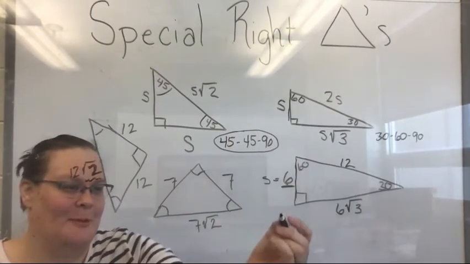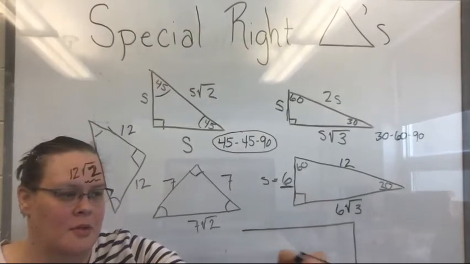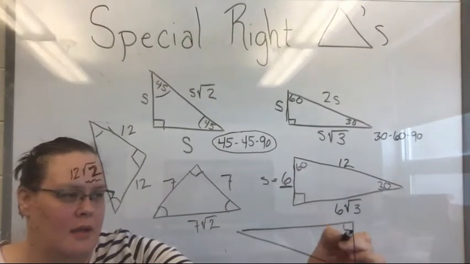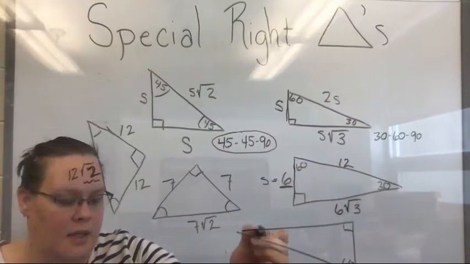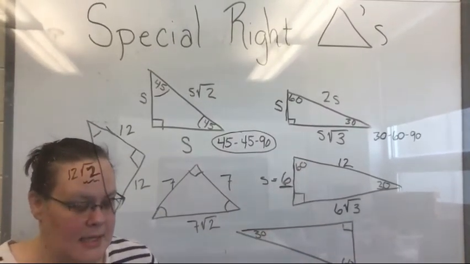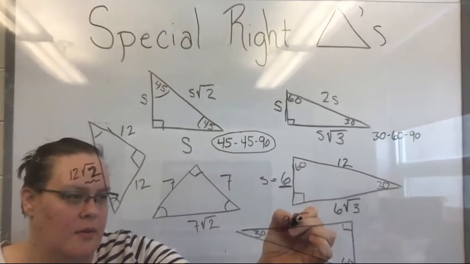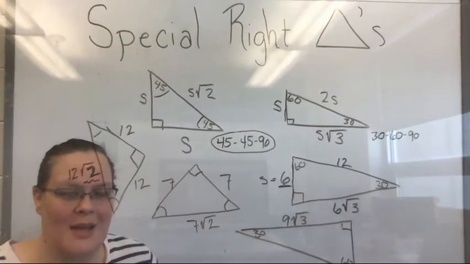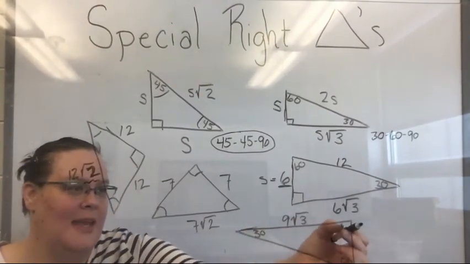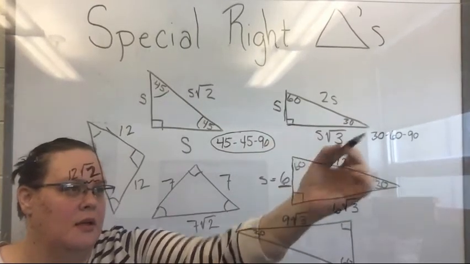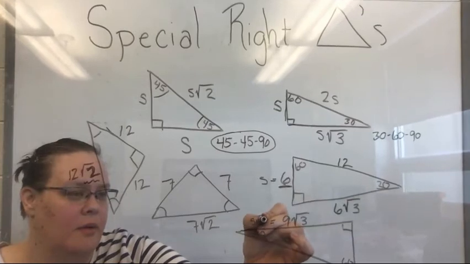Let's do one more example. Here's our 90, here's our 60, and our 30. And this time we know that this is 9 times the square root of 3. I want to be really careful. I know my length between the 30 and the 90 here, this should be S times the square root of 3, right?